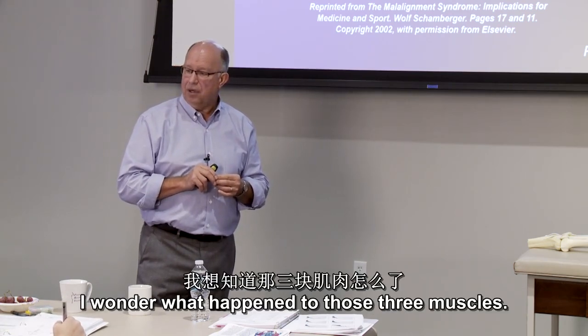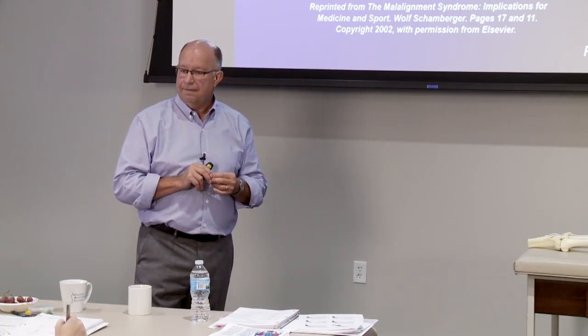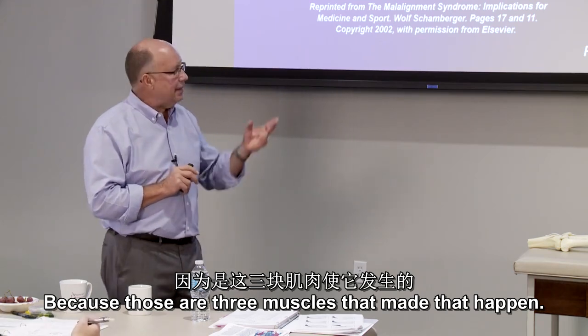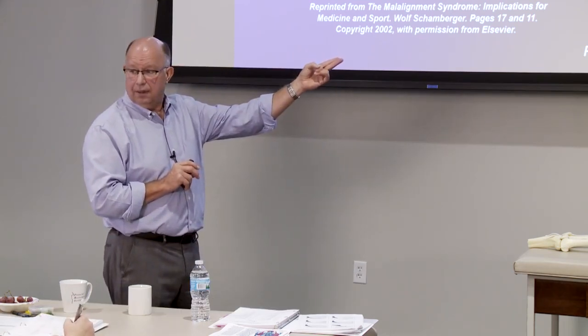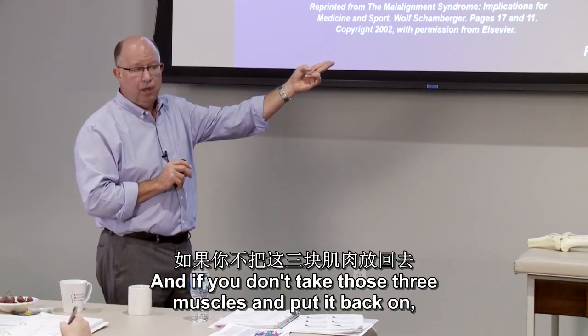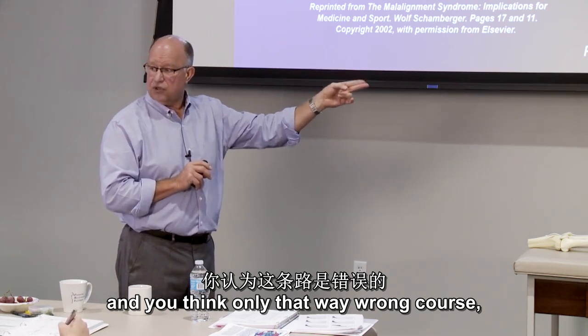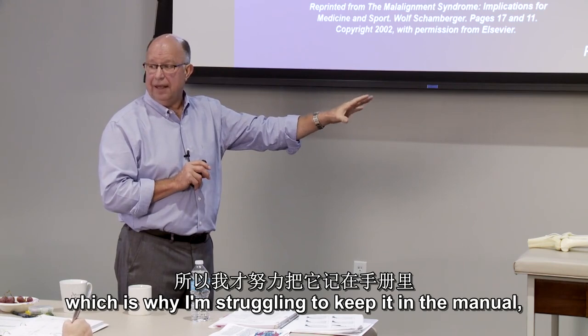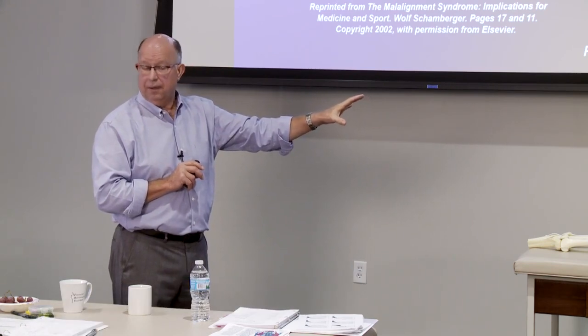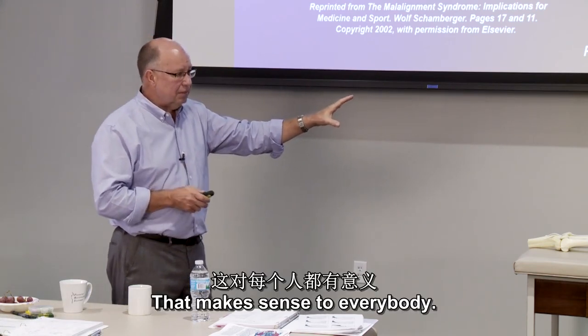I wonder what happened to those 3 muscles. Because those are the 3 muscles that made that happen. And if you don't take those 3 muscles and put them back on, and you think only that way, wrong course, which is why I'm struggling to keep it in the manual, if you want to know the truth, Jen. Does that make sense to everybody?